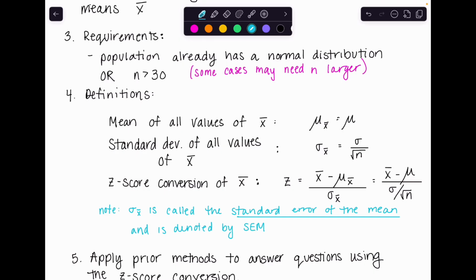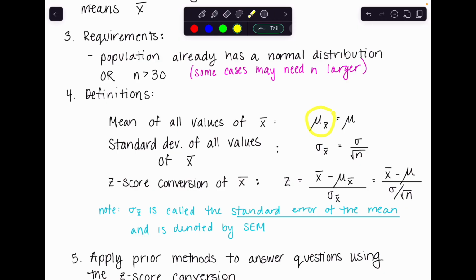So again, in this situation, you're going to be given those distributions already. You don't have to go through and find it like we did before. When you have your mean of your sample, it is the true mean. To find your new standard deviation of the sample, you take the true standard deviation, and now you account for the fact that this is a sample, so you divide by the square root of n. And then your z-score is found in the same way.